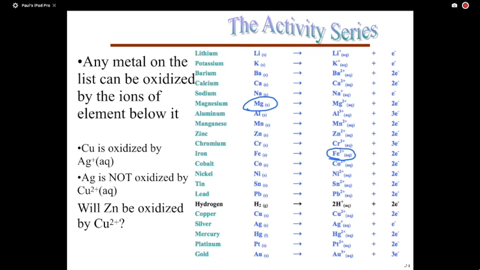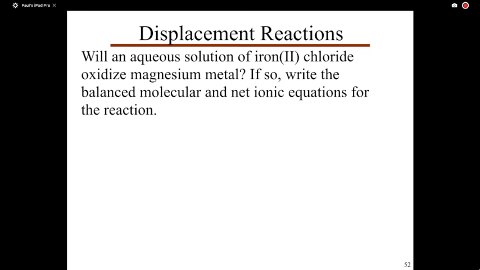In this case, mercury is way down here. Mercury is here, and lead was what we were reacting with. Where's lead? Lead is right here. Mercury, the ion, is lower than lead, so that reaction will actually occur.